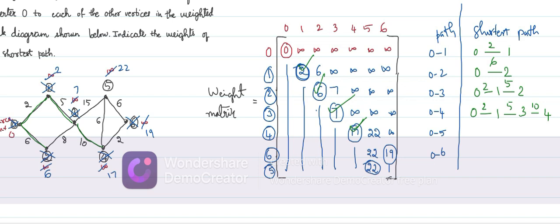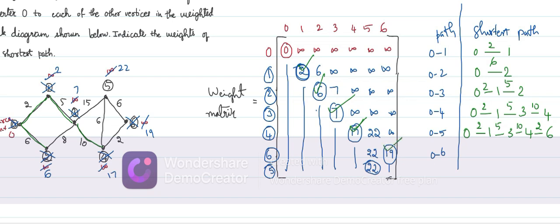So 0 to 1, the shortest path weightage is 2. 1 to 3, the weightage is 5, and 3 to 4, the weight is 10, and 4 to 6, the weightage is 2. So it is 7, 17, and 19. So it satisfies this condition.